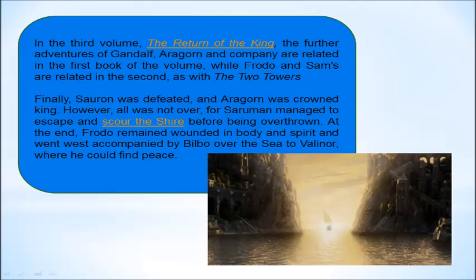However, all was not over, for Saruman managed to escape and scour the Shire before being overthrown. At the end, Frodo remained wounded in body and spirit and went west accompanied by Bilbo over the sea to Valinor, where he could finally find peace.